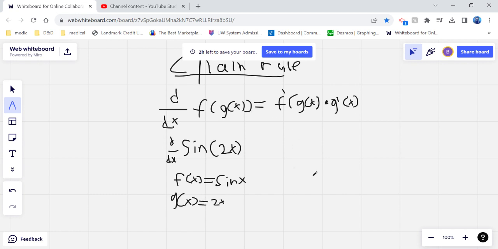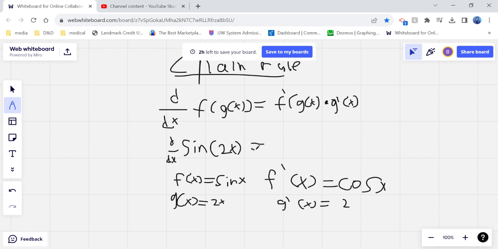So then let's find the derivative of both of those functions. According to the sine rule, we know that f prime of x equals cosine x. And g prime of x, according to power rule, that coefficient idea of slope and whatnot, would equal 2, right? It would be a constant slope.